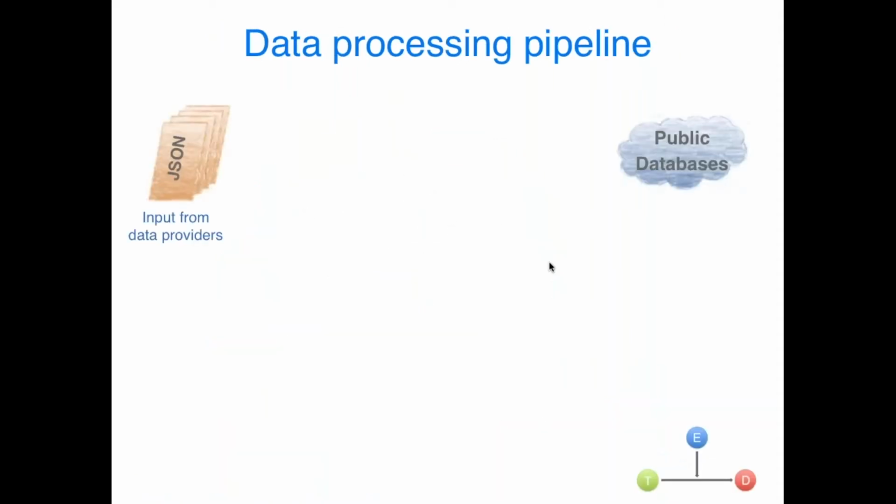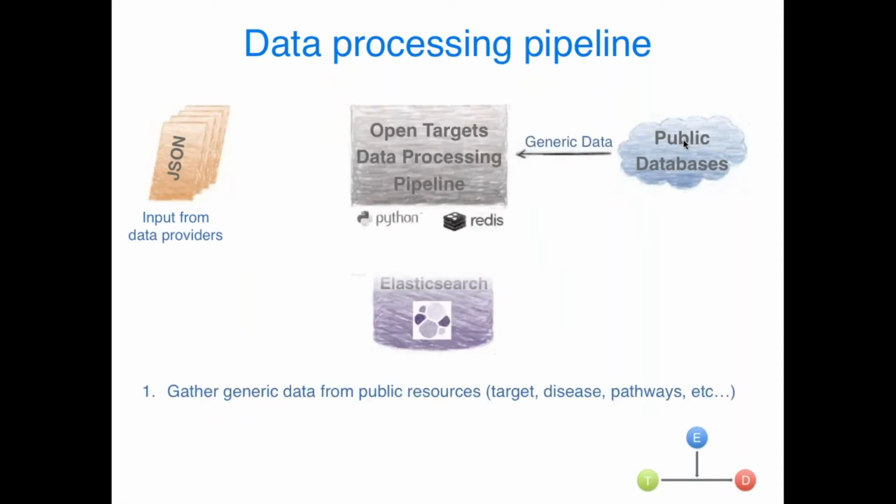So how do we go about processing this data? So we rely on public databases out there, and they provide us with generic data. So they provide us with information on the target or gene, information on the disease, also pathways, and so on and so forth.